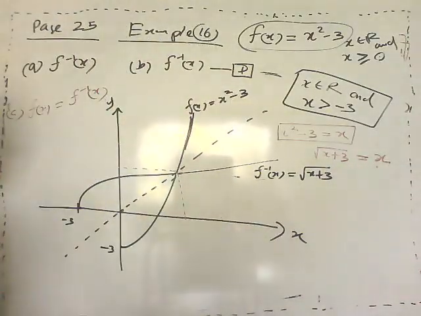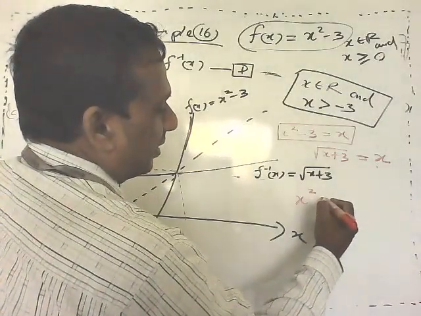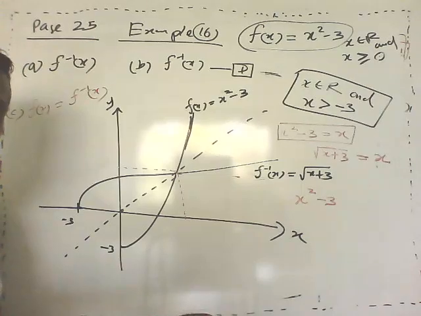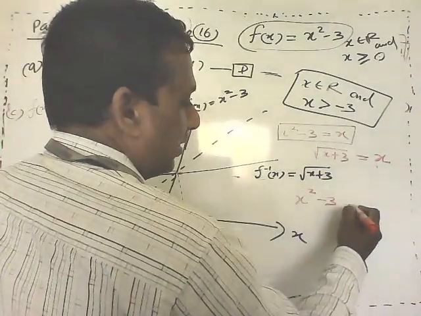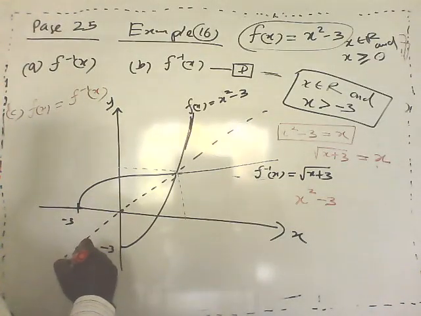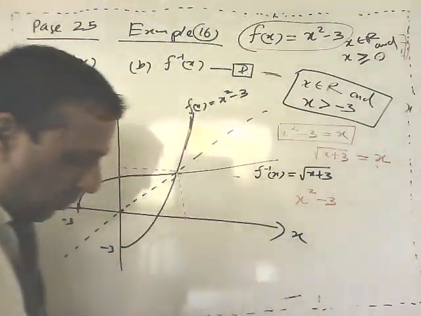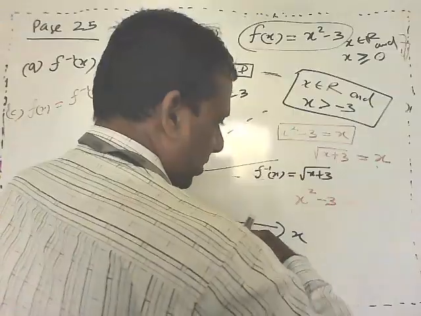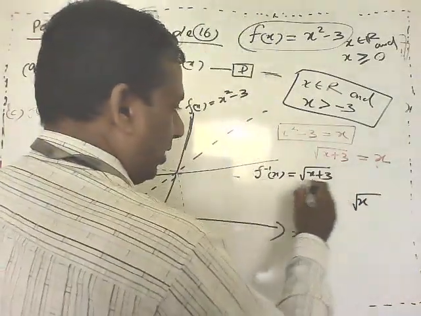Also we can find this, x squared minus 3. And also we can consider this, x squared minus 3 is equal to the square root of x plus 3.